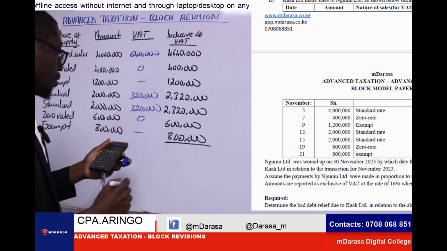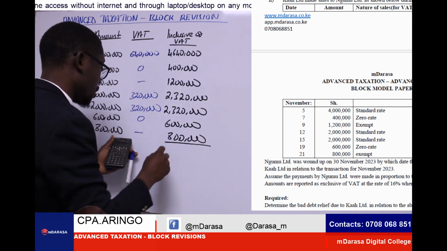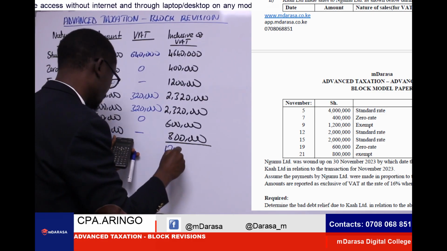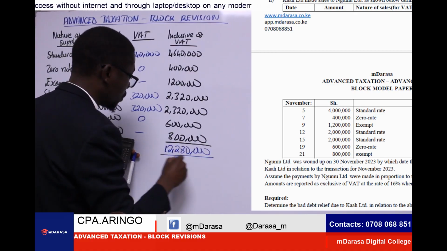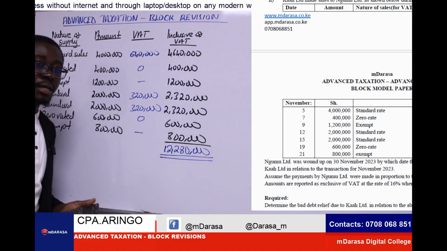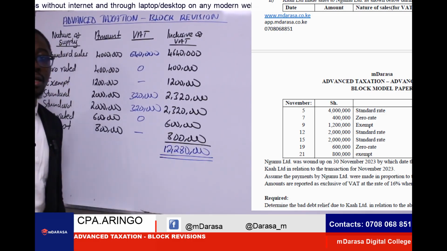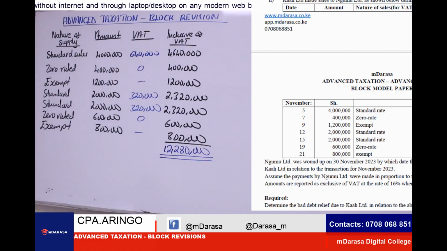At the end of the day, Mwalimu here is getting a total of 12,280,000. So this is the total amount that our debtor was owing us. But we are told this person didn't pay the whole amount.